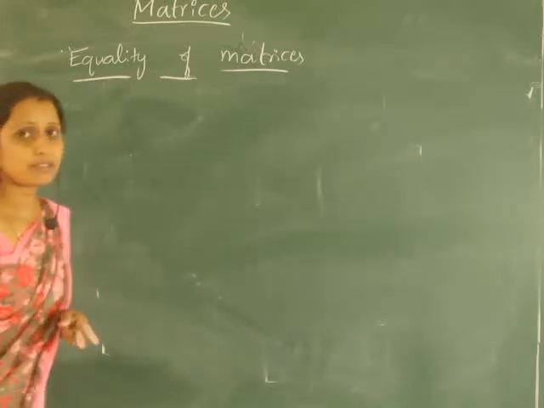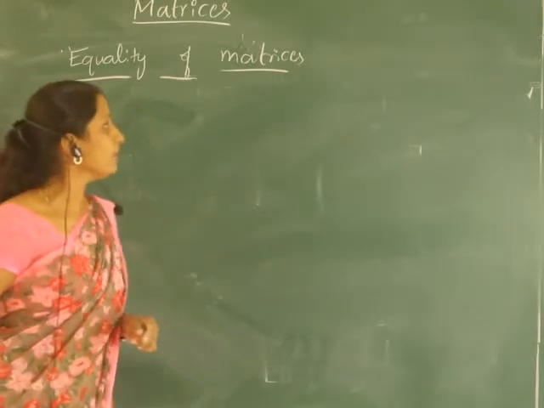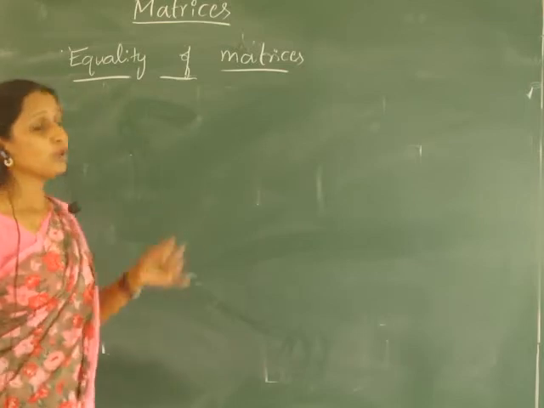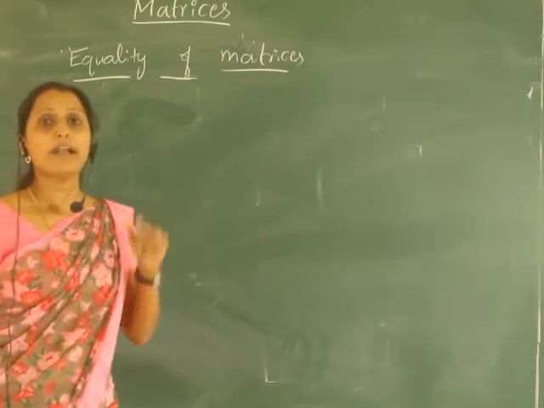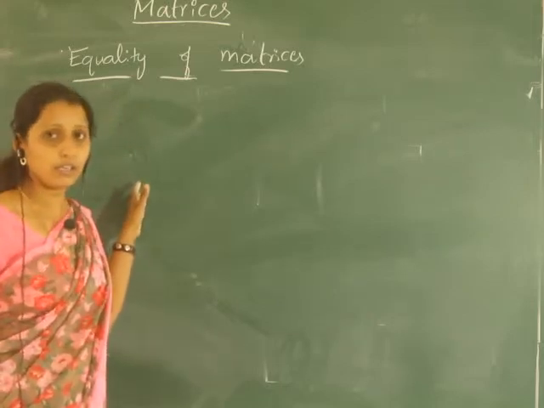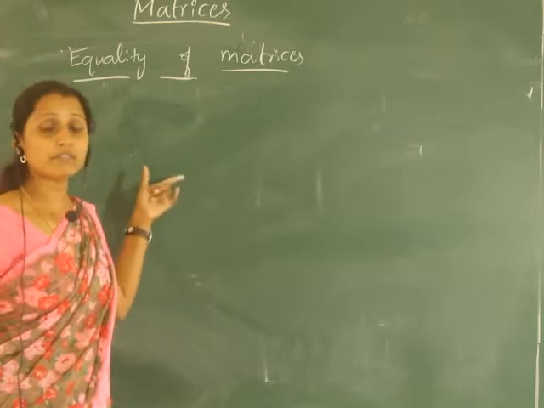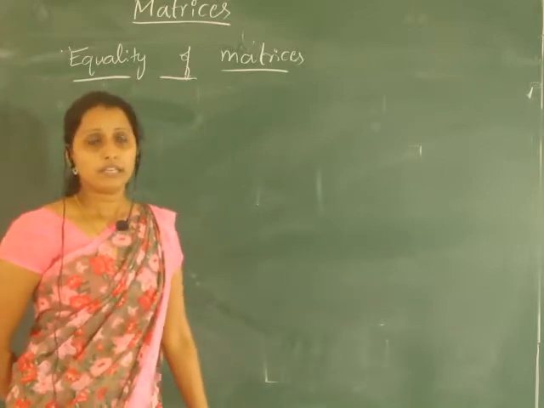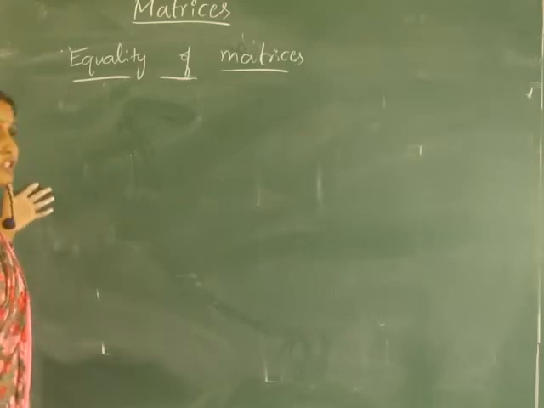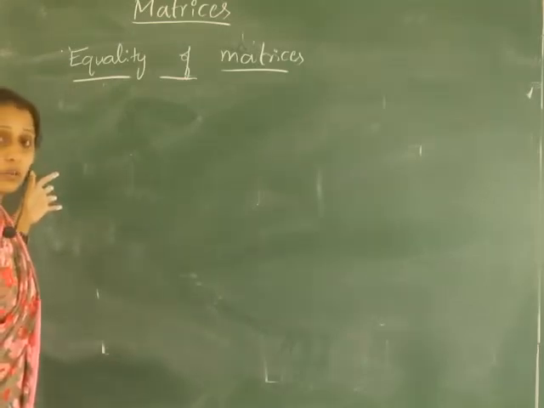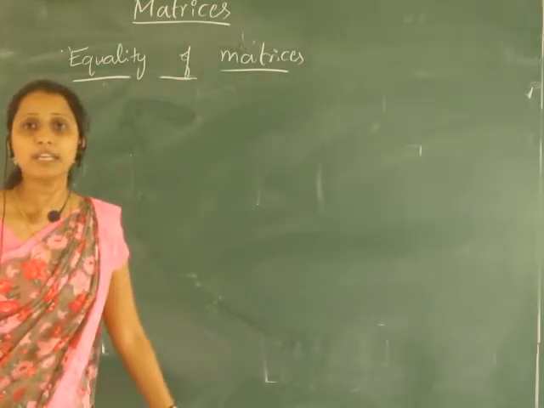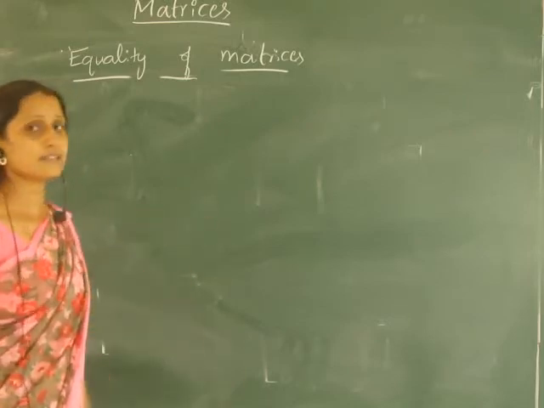Suppose there are two matrices, then when do we call these two matrices equal? Two matrices A and B are said to be equal if the order of the matrices is equal or the same, and the corresponding elements or entries are equal. Then only we call the two matrices equal.